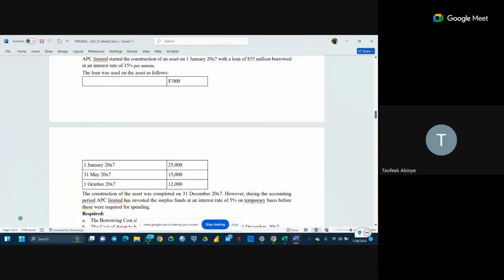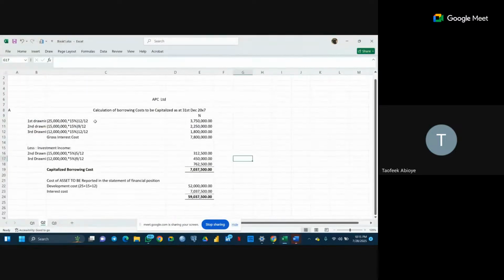That remaining fund is what they reinvested. APC Limited invested the surplus fund at an interest rate of 5% on a temporary basis before it was required for spending. So for the first 25 million that they withdrew, multiply by the 15%.